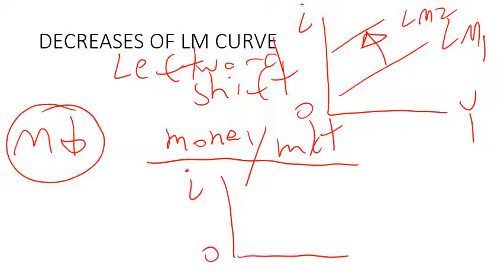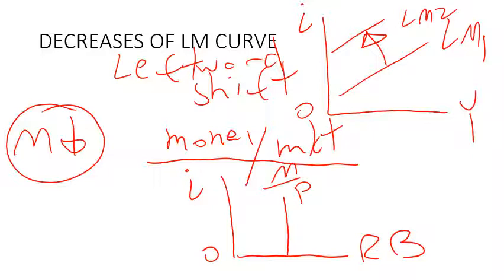Interest rate, a certain level of real balances, money supply, M over P, M being the nominal money supply in direct control of the central bank, P, remember, the general price level being predetermined or constant, so we only have to worry about M, the nominal money supply.